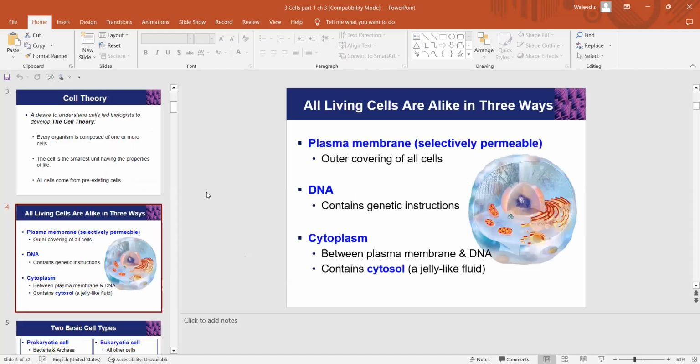So when we talk about the cells, we will talk about it this way. First of all, there is a membrane from outside. I always think about the cells as a factory. Imagine this is a factory, this is the wall of the factory, and this is the plasma membrane. It's called a plasma membrane or the cell membrane.